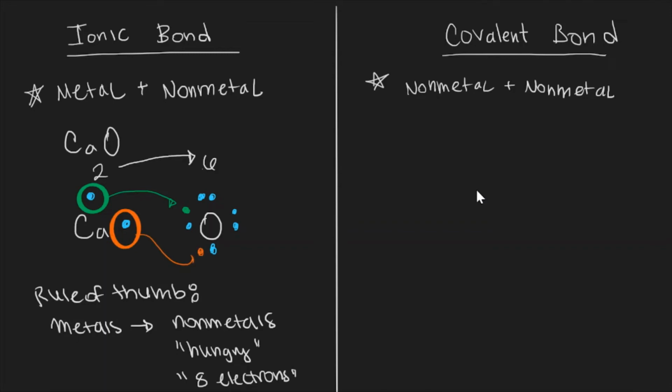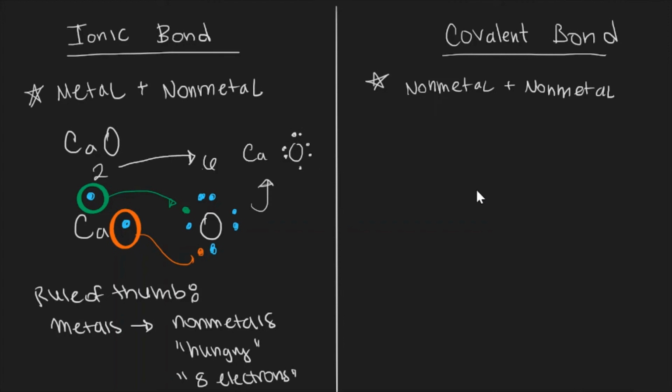And so what happens is this is going to become calcium, and then we just have oxygen with its 8 valence electrons. So if we take a look at oxygen itself, we can see that oxygen is very satisfied because it's full and it has 8 valence electrons. It's very happy. So now we have completed our first ionic bond. Let's move on to covalent bonds.